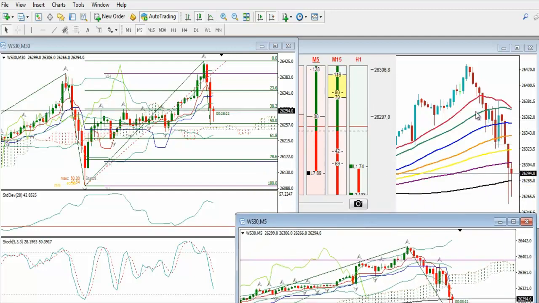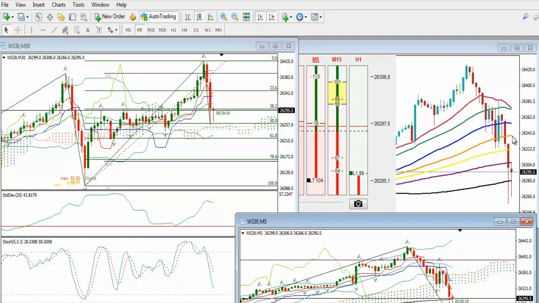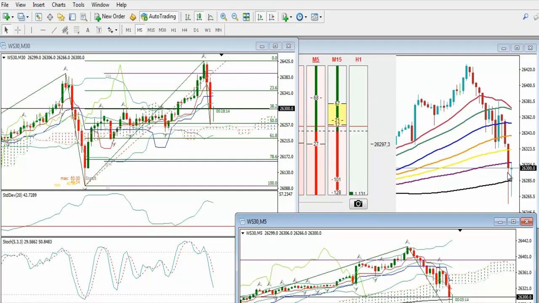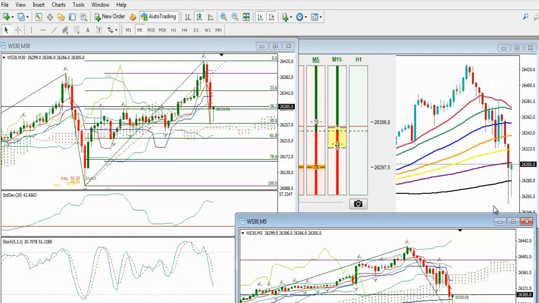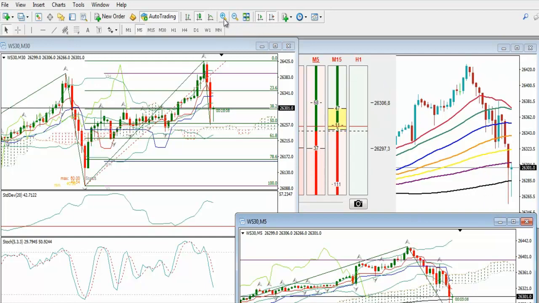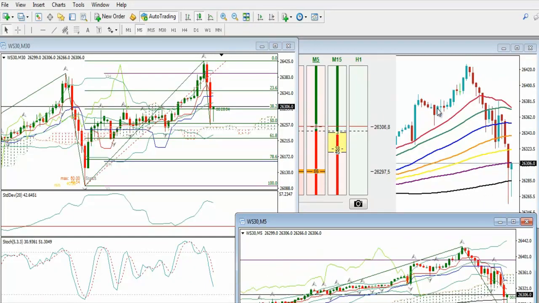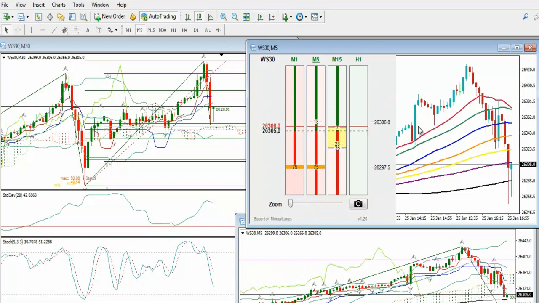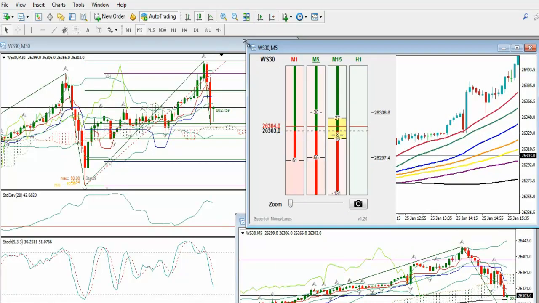And these here are my FIBO lines. These are very important to me because I like everything to be above or below. Let's have a look at the overnight movement of the market.